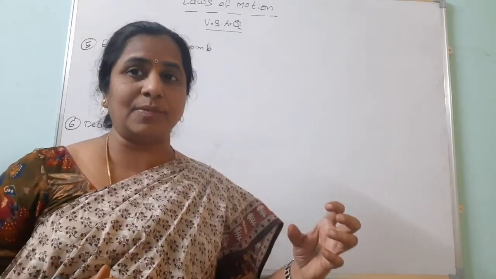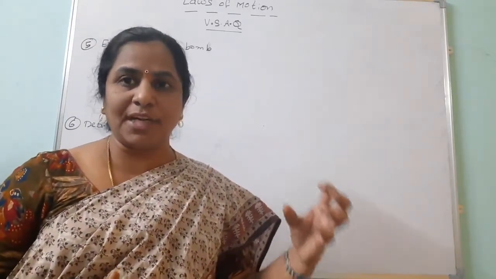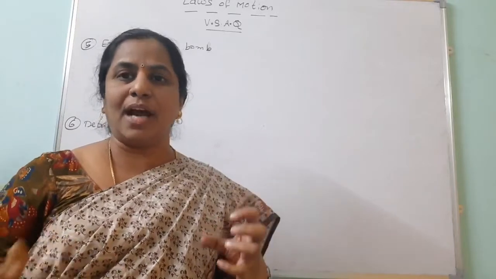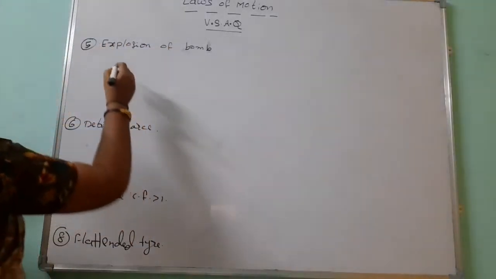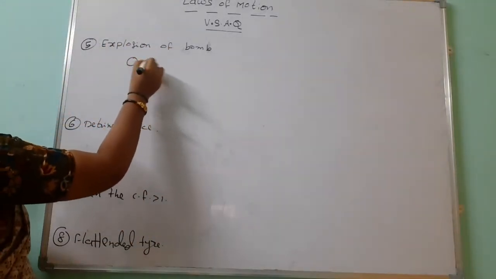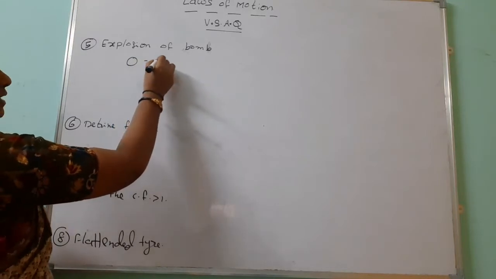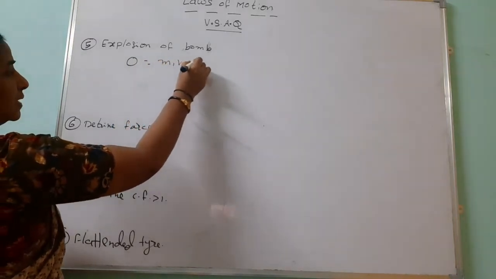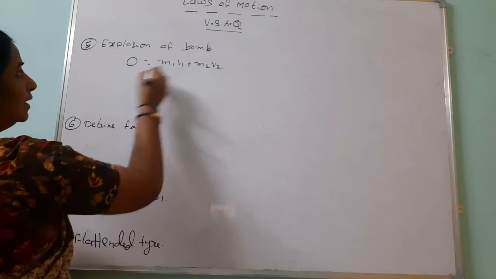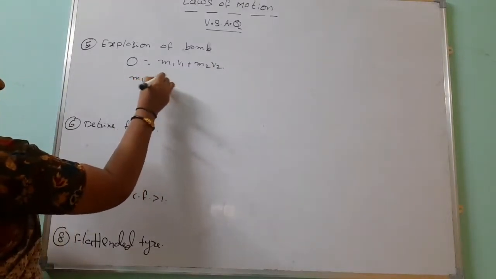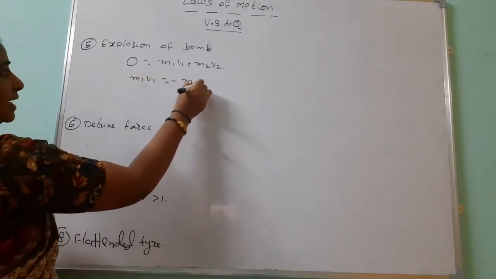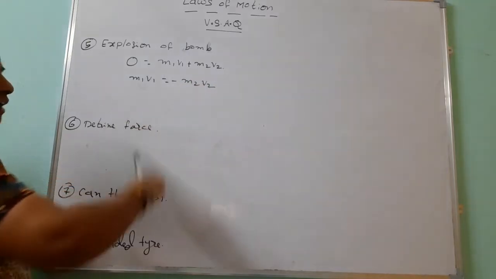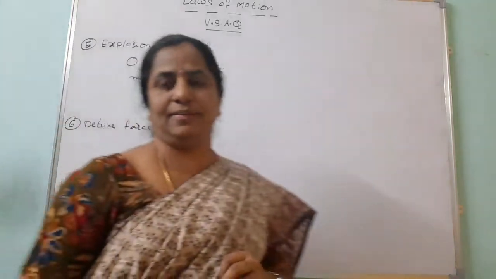Before the explosion the bomb is at rest, so momentum equals 0. After explosion, what is the momentum? Before explosion momentum equals after explosion, which is the first part's momentum plus the second part's momentum. When we simplify, m1 v1 equals minus m2 v2, which means both are moving in opposite directions.